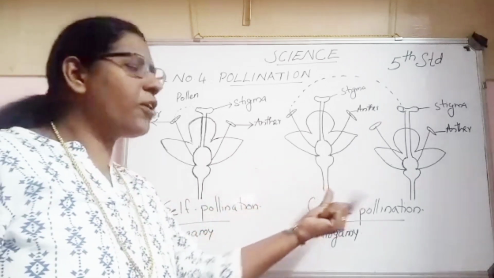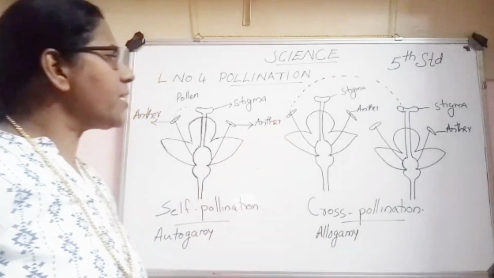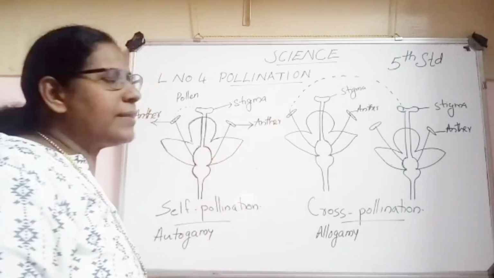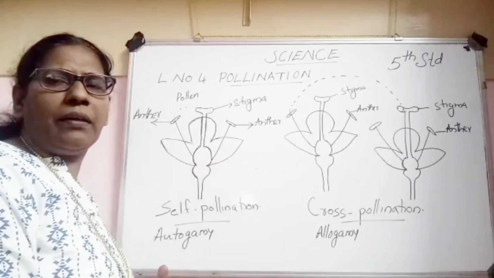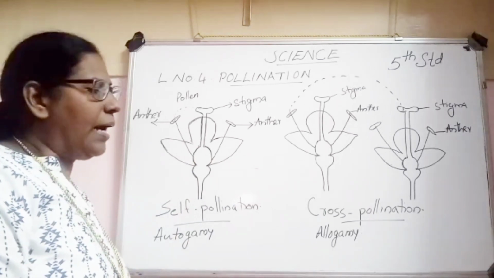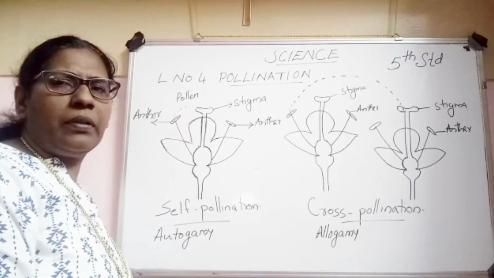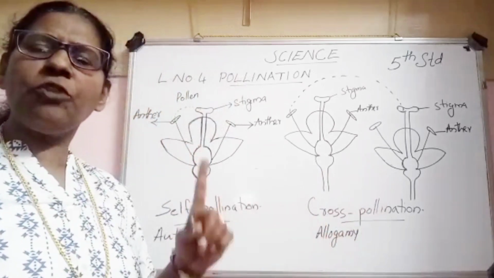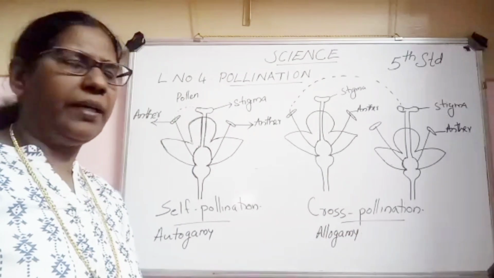Now we'll see cross-pollination. The process of transfer of pollen grains from anther to the stigma of a different flower of a different plant is called cross-pollination. Otherwise, it is called allogamy. I said different plant, but it should be the same kind, not a different kind.